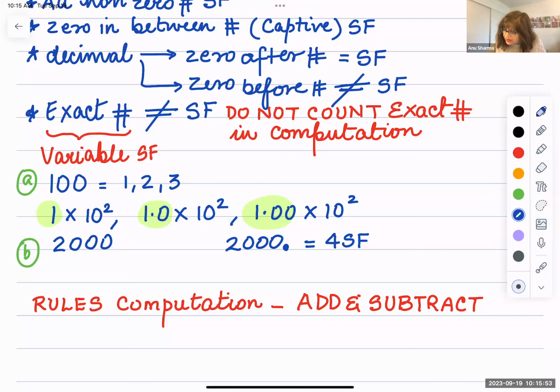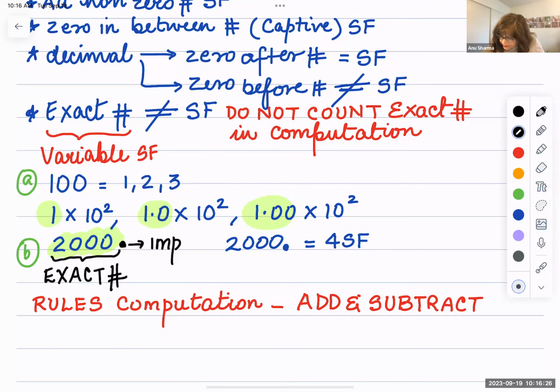But in 200, the decimal is there, but it's implied. So this is an exact number. Exact numbers are always where the decimals are implied. Do you understand implied decimal? It's right here. This is the implied decimal. It's not written.